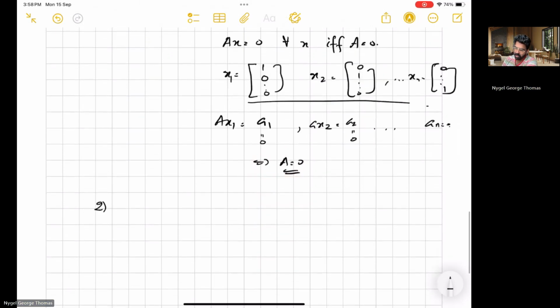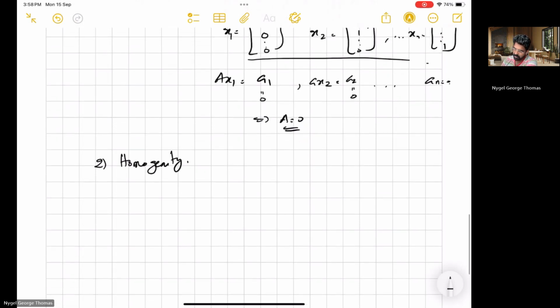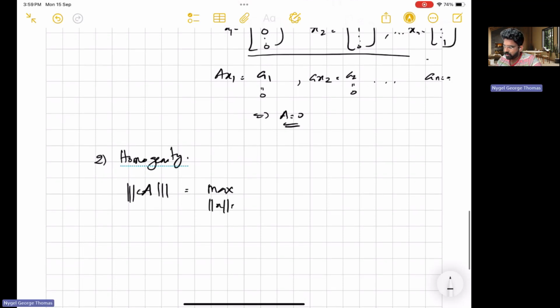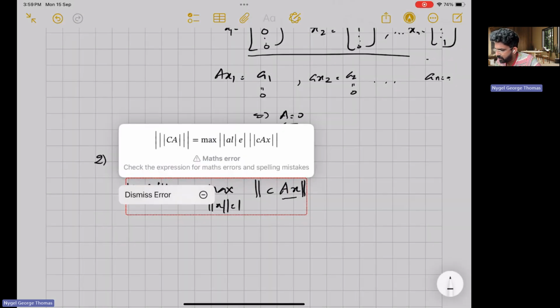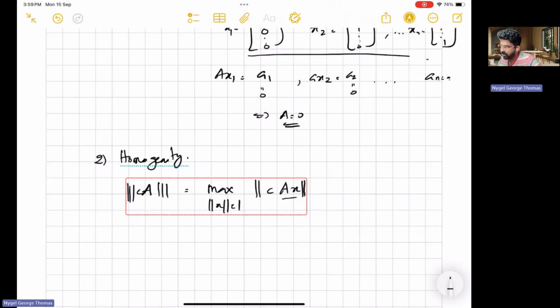Now we have to prove homogeneity. We have to find the norm of CA, which is equal to the max over norm of x equal to 1 of the norm of CAX. Here CAX is a vector, and it's a vector norm, so that vector norm satisfies homogeneity.